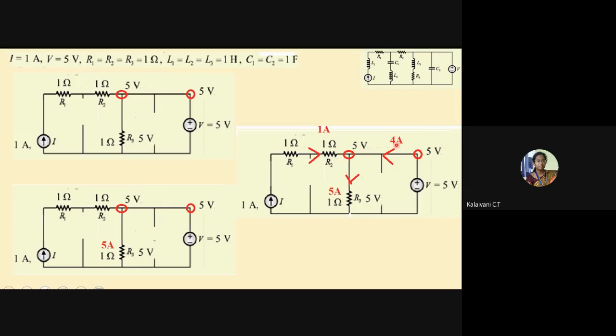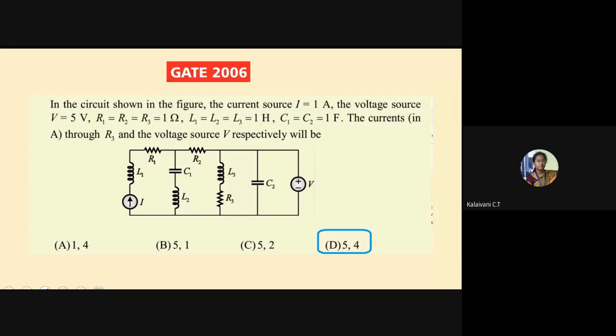You have to find the current through the resistance R3 and the voltage source V. Here we have found 5 amps. By applying KCL at this point, we have found this as 4 amps. So the answer will be D, 5, 4.